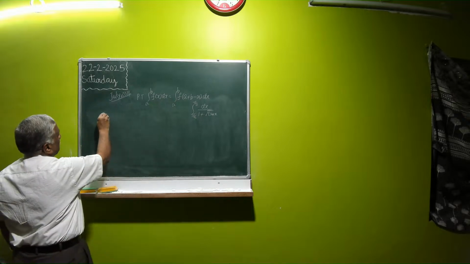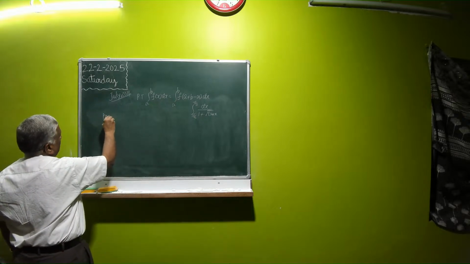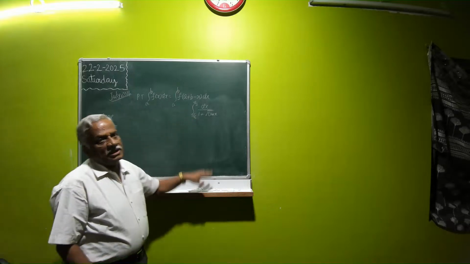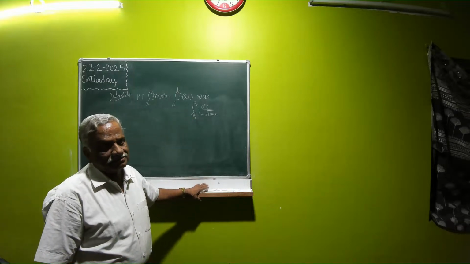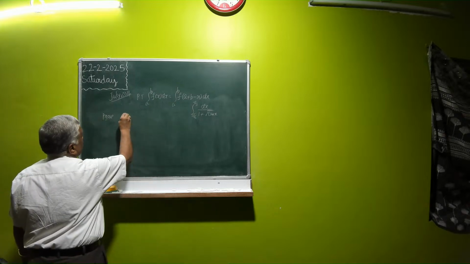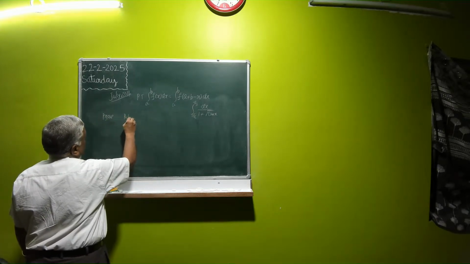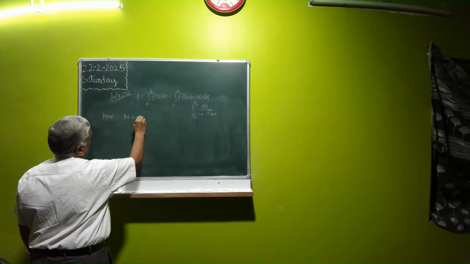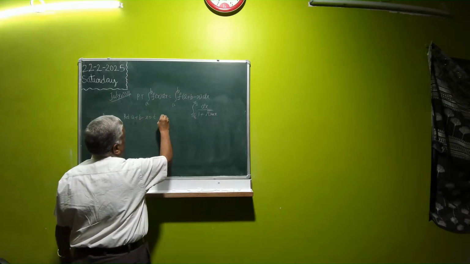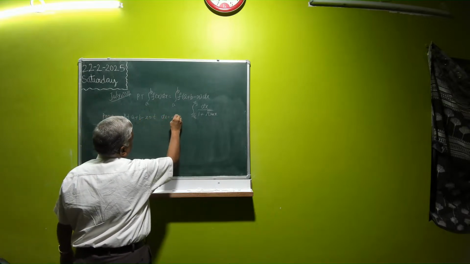So let us prove. In the previous problem we put a minus x as t. Same procedure. Instead of a minus x, you have got a plus b minus x. So put a plus b minus x equal to t. What is dx? dx is minus dt.